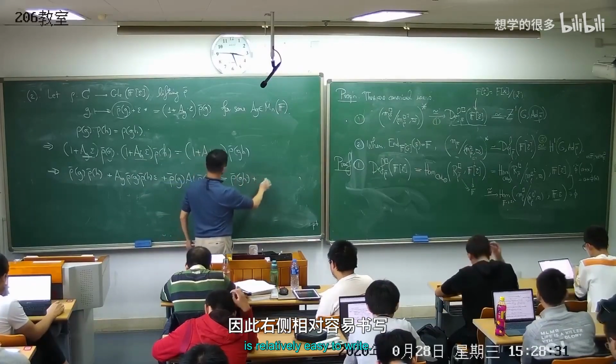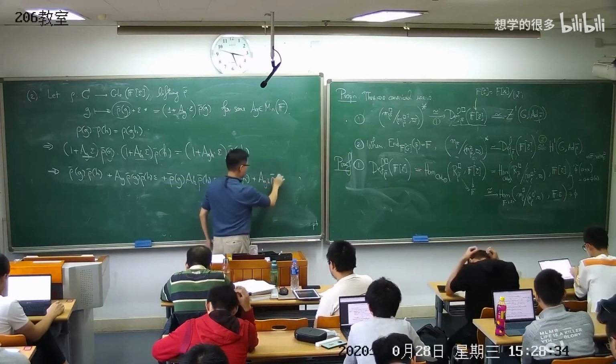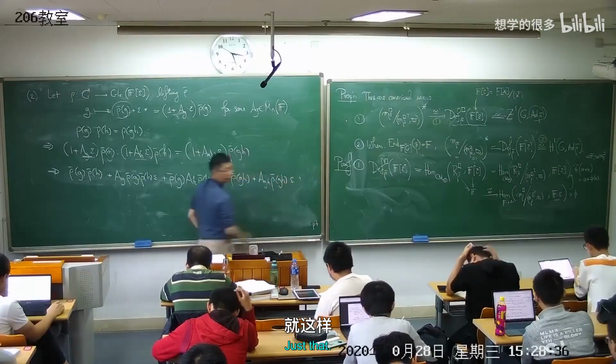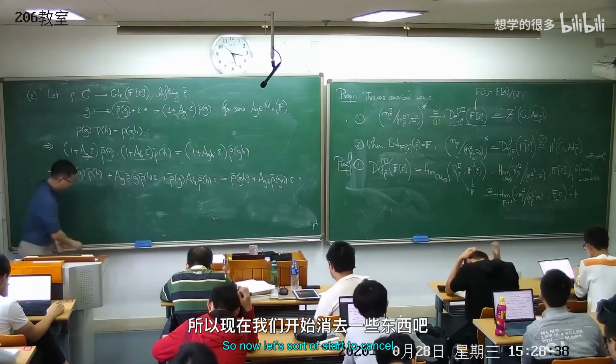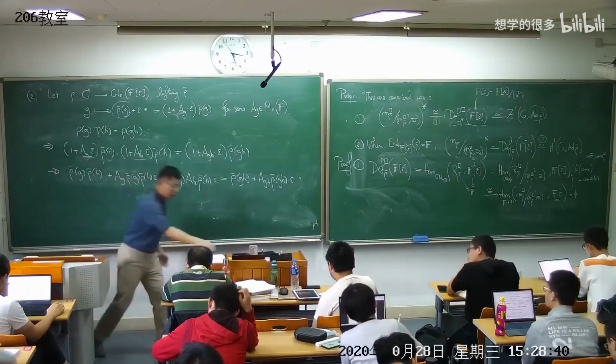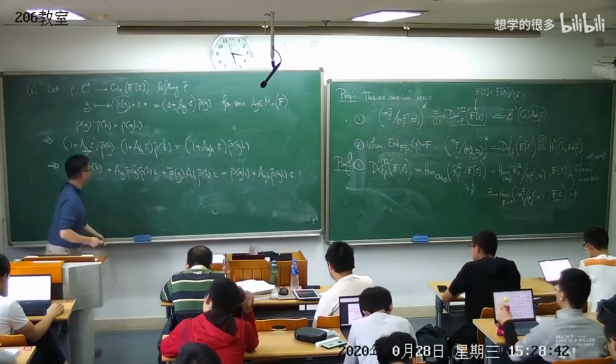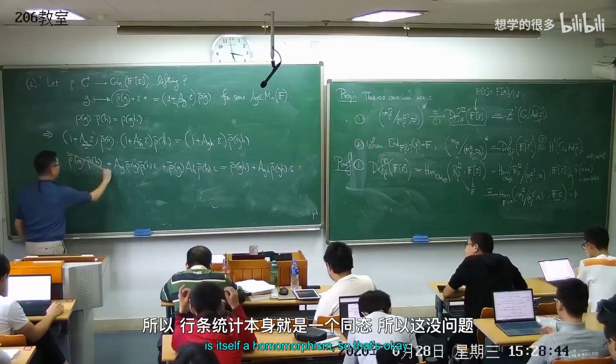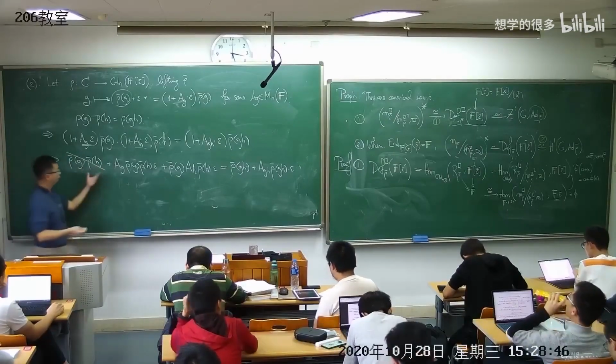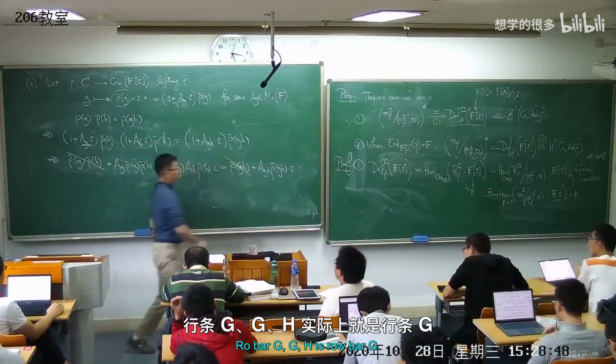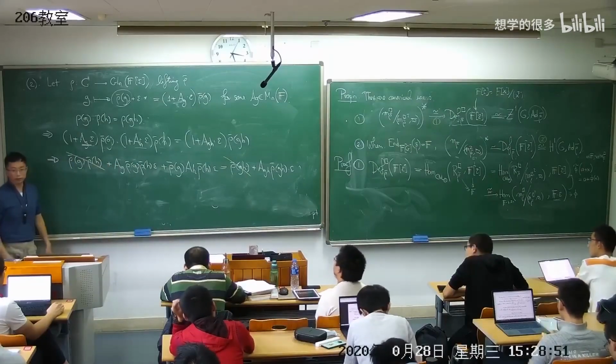So the right-hand side is relatively easy to write. Now let's start to cancel things out. Rho bar is itself a homomorphism, so these will cancel: rho bar G, rho bar H is rho bar GH.